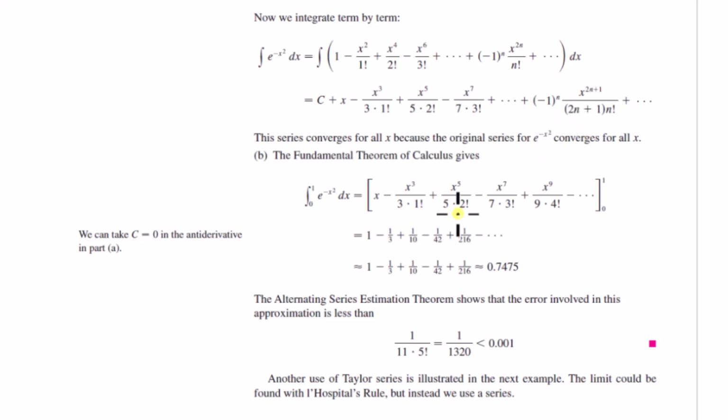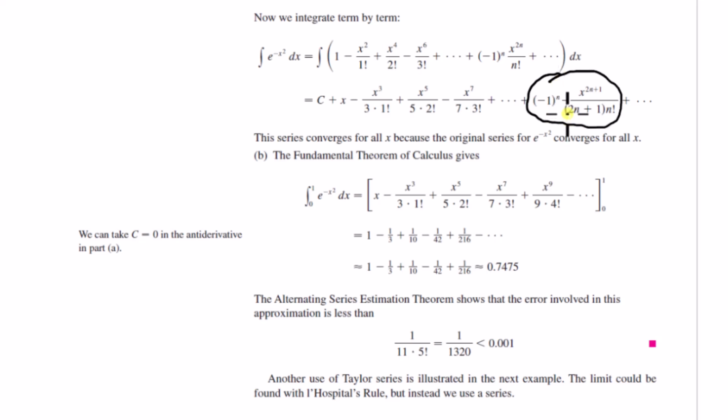This is an alternating series, and the definite integral is this series here, but with x equal to 1. So when you plug in 1, what do you get?